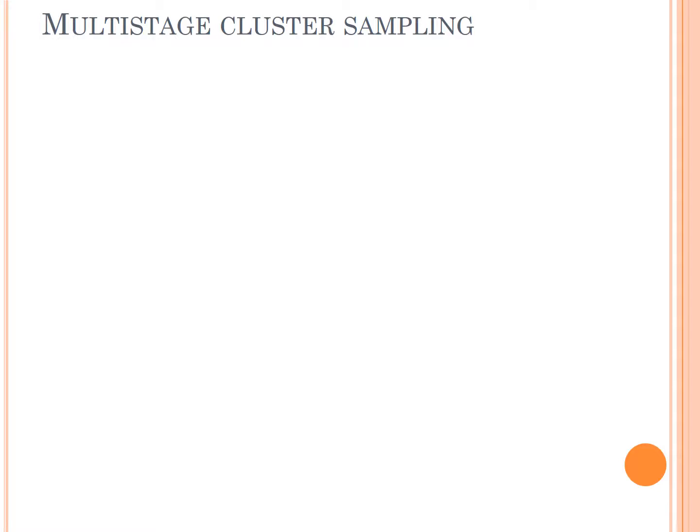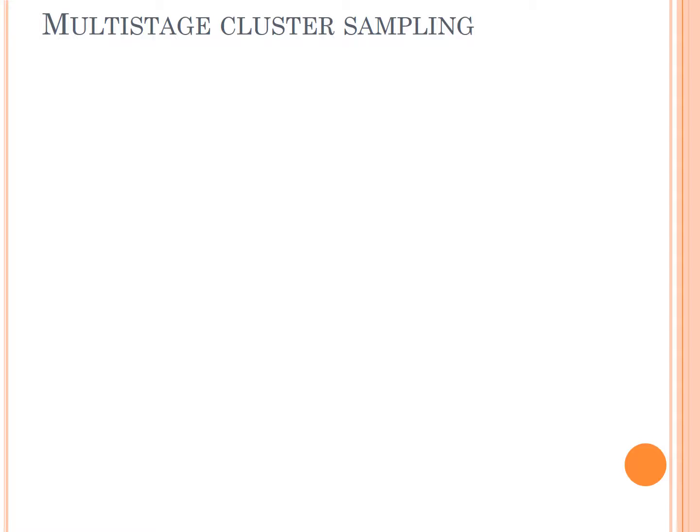So multi-stage cluster sampling, the idea is that you create clusters, and from those clusters you then randomly sample. And then once you've randomly sampled from those clusters, you create new clusters and randomly sample from those, and so on until you achieve this sample with the unit of study that you desire.